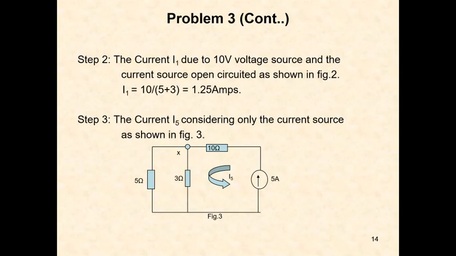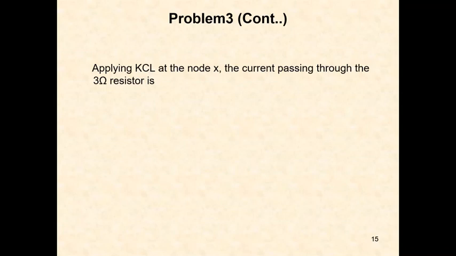The voltage source is short circuited, so 5 ohms and 3 ohms become parallel, and that combination is in series with 10 ohms. By applying KCL at node X, the current passing through the 3 ohm resistor is I5 equal to 5 amps into 5 by 3 plus 5.